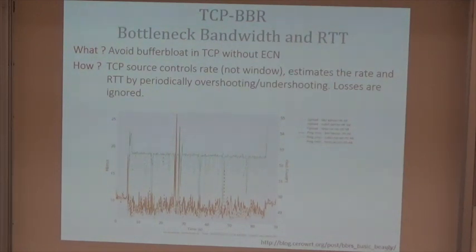So the source is trying to send a number of packets. Then you can measure in one round-trip time how many of those packets are received at the destination. Of course, over the long run, you expect that what you receive is what you send, the difference being what is lost or what is buffered. But over the time scale of one round-trip time, if the buffers are very large, then there might be large variations.